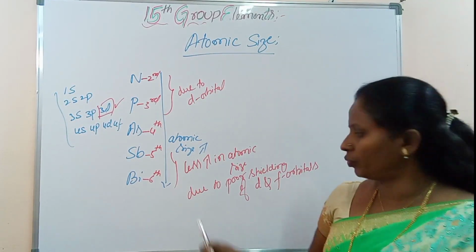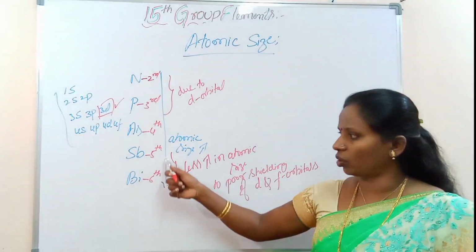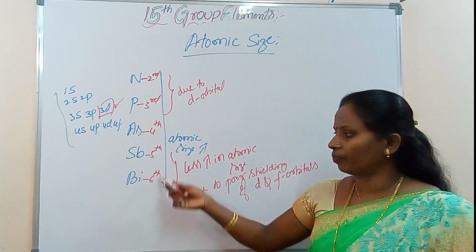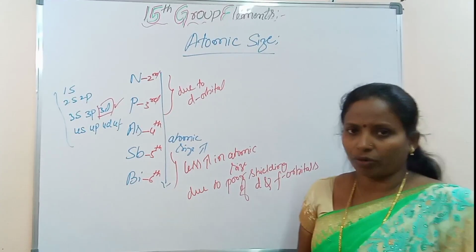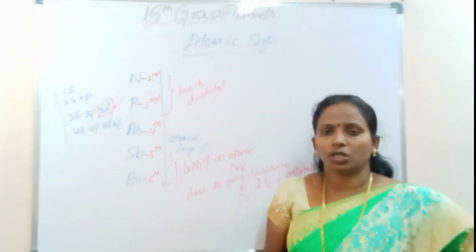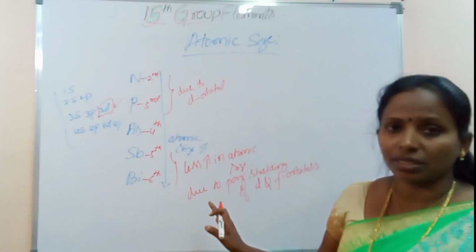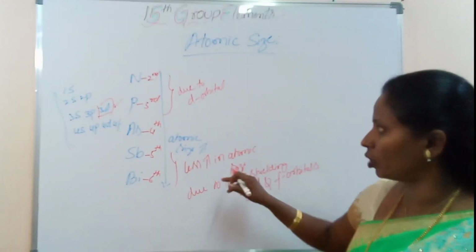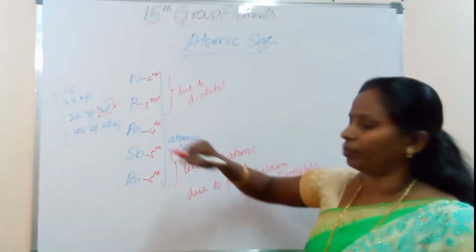Even though there are additional d and f orbitals, we do not get the expected increase in atomic size, because d and f orbitals do not effectively shield the nucleus. There is an increase in atomic size, but not up to the expected value. Whereas from nitrogen to phosphorus there is a large increase due to the additional 3d orbitals.